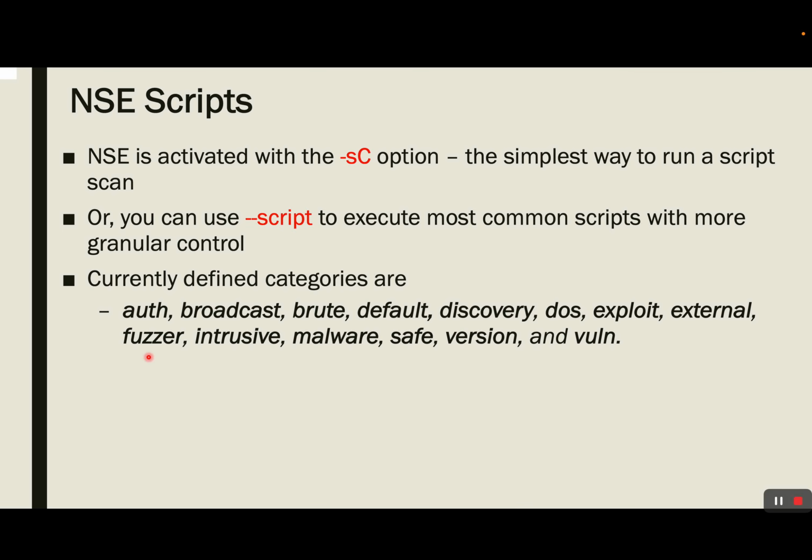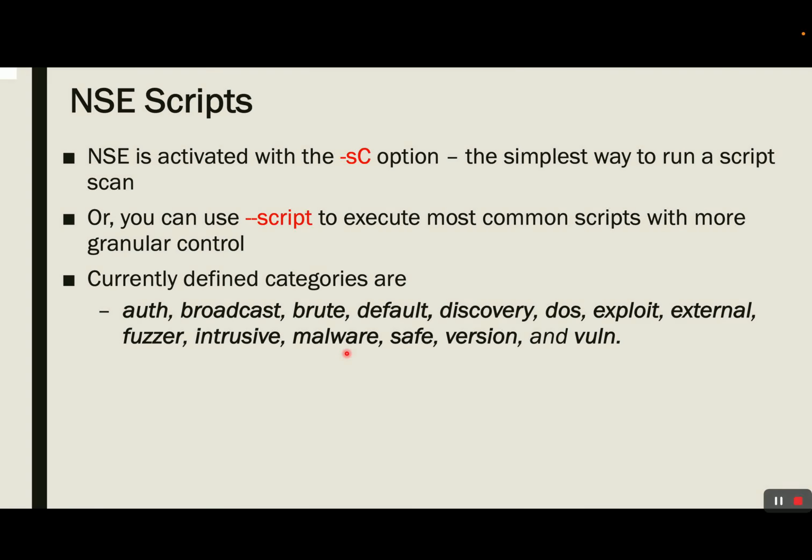The fuzzer scripts test protocol implementation using random or fuzzed data. Intrusive scripts test services in a more intrusive manner, like, for example, if you want to send malformed packets or exploit vulnerabilities.